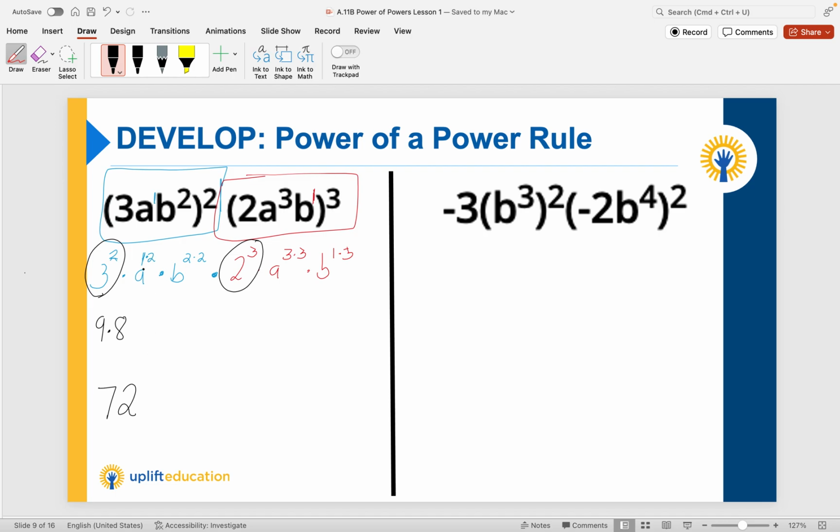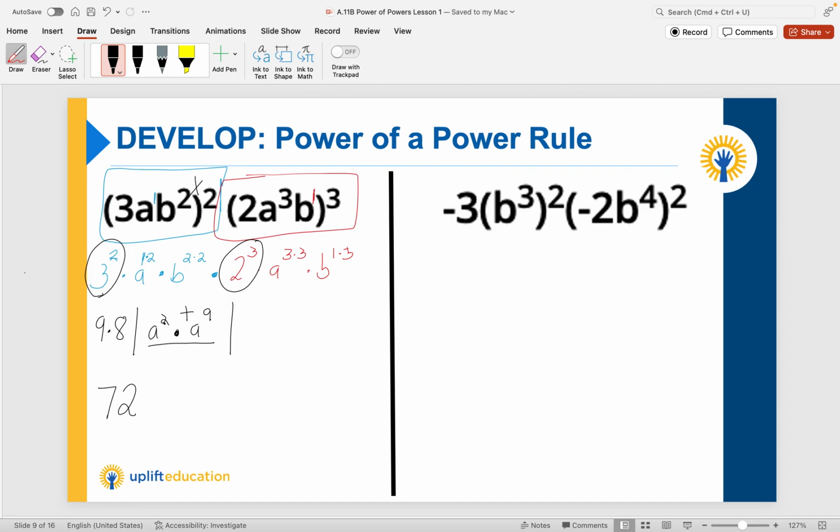All right, so now I have a squared times a to the 9th, because 3 times 3 is 9. And when we do this rule right here, when we multiply, remember the rule was we put that plus in between. The only time we put a multiply in between is when we have that parentheses.